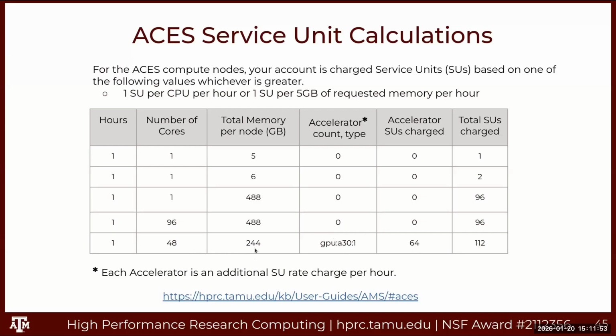You can reduce it even further if your software doesn't rely heavily on the number of cores or a lot of memory and mainly relies on GPU processing. You can reduce this even more to reduce the service units charged. And this is a link to where you can see more about service units and the charge per GPU.